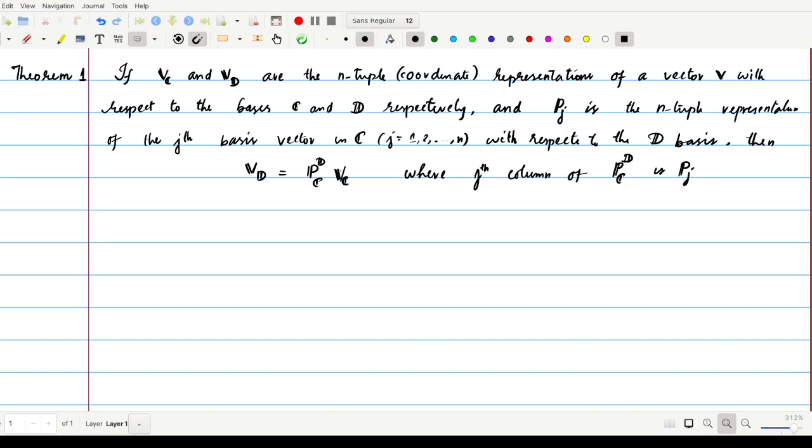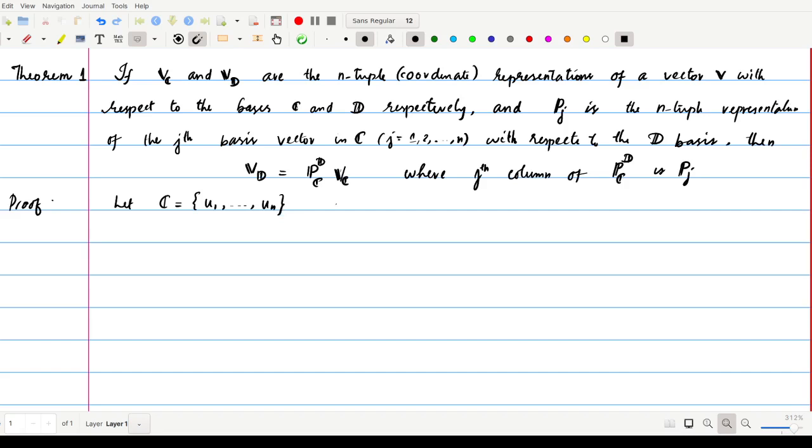So for the proof, let the basis C consist of the vectors u1 through un. We are assuming that C and D are bases for the same vector space.